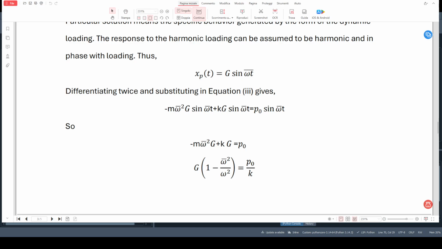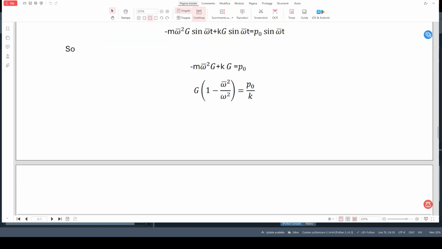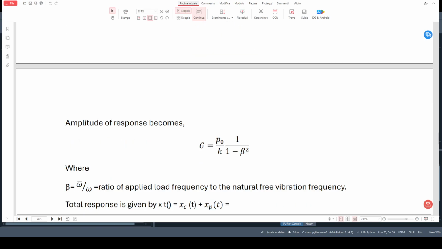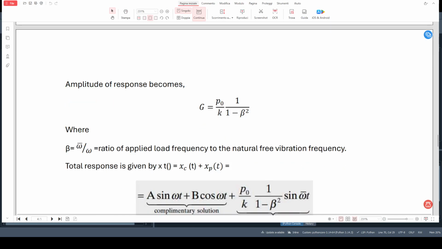We can obtain the value of G. So G is equal to P0 divided by k, multiplied by 1 divided by (1 minus beta squared), where beta is omega bar divided by omega, the ratio of the applied load frequency to the natural free vibration frequency.